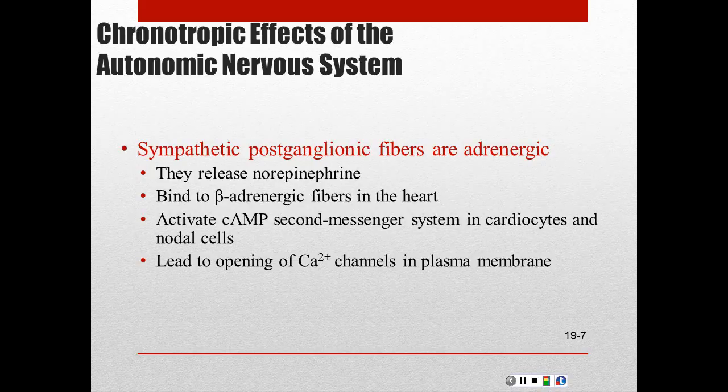Now, binding activates cAMP, which is our cyclic adenosine monophosphate second messenger system in the cardiocytes and the nodal cells. cAMP activates a phosphorylase that opens calcium channels in the plasma membrane, allowing influx of calcium that activates depolarization of the SA node and contraction of the cardiocytes, so it speeds up the heart.